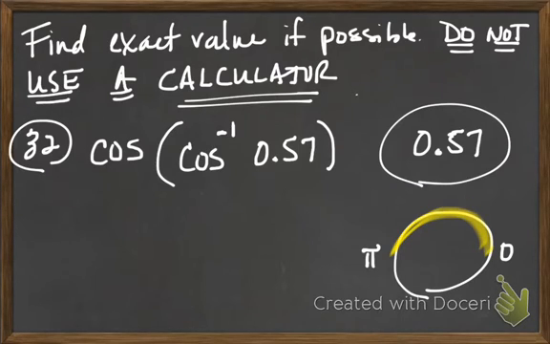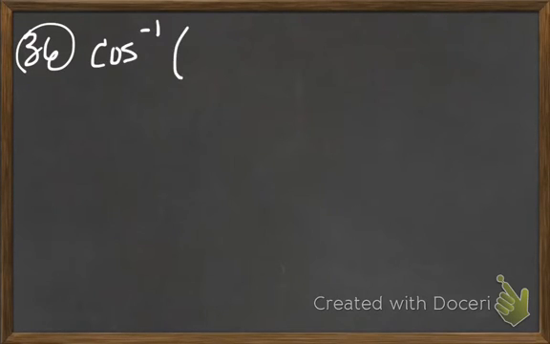All right, let's look at number 36. Alright, so 36 says it starts off with inverse cosine, and then it has cosine 4 pi over 3.